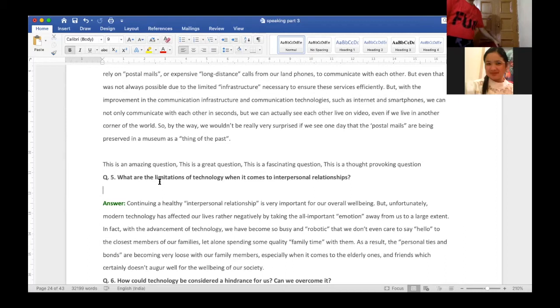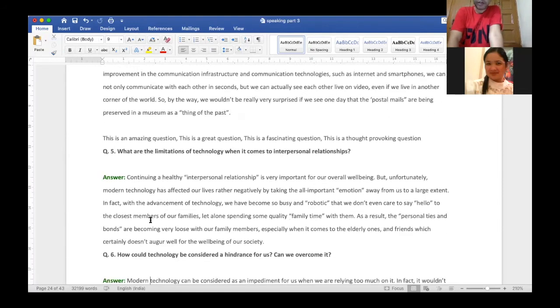Healthy interpersonal relationship is very important, but modern techniques have affected us in a negative manner because they have taken the emotion away from us.